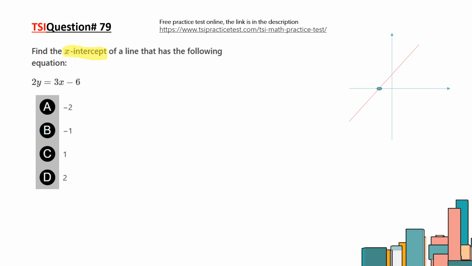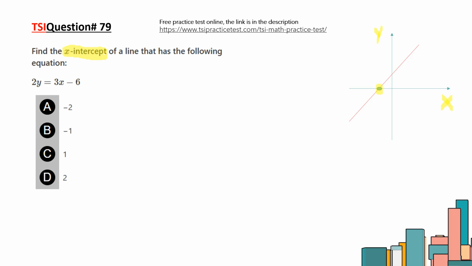The x-intercept is where the graph of an equation crosses the x-axis. This is the x-axis and the y-axis, right? It crosses at a point that we call the x-intercept.